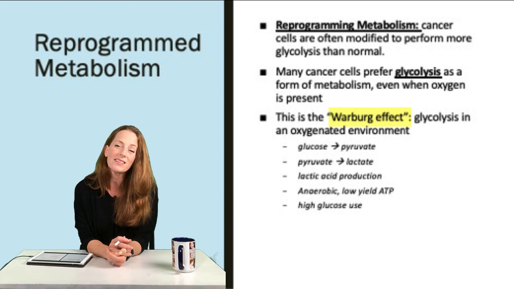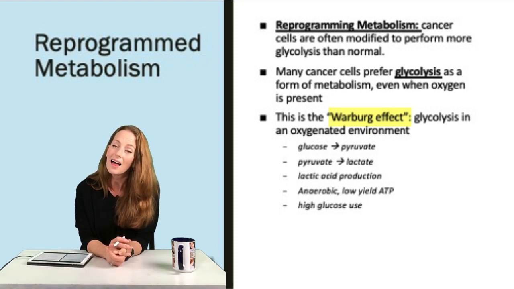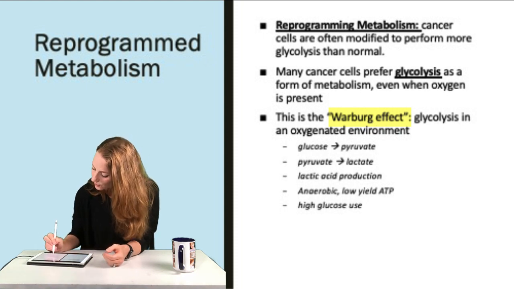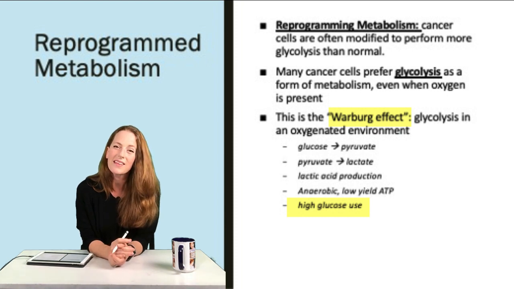Remember, though, that glycolysis doesn't produce a lot of ATP. So in order to make enough ATP, cancer cells have to do a lot of glycolysis. And what that means is that they're going to be using a lot of glucose, and they have some cellular and metabolic changes.